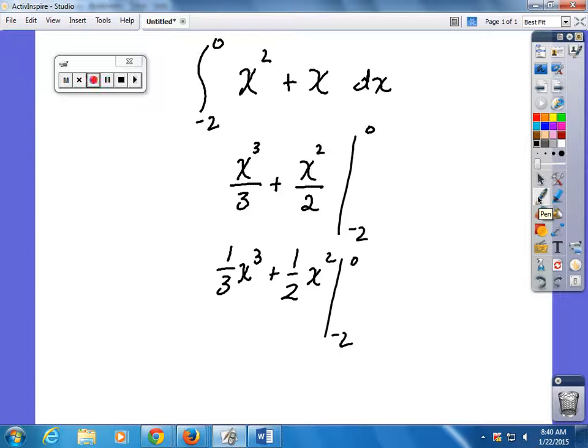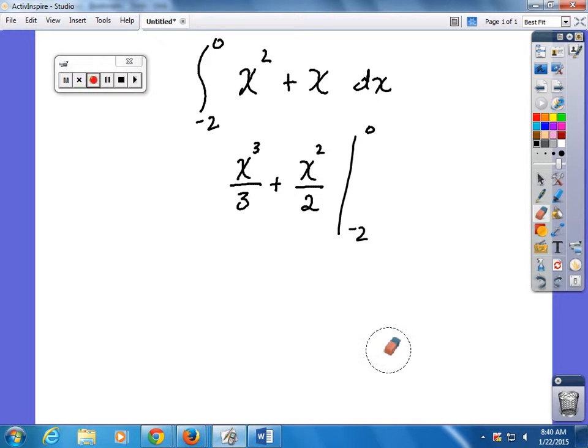Now I'm going to erase this right here because you don't have to do it both ways. This is the way I show students to do it, so if you do it a different way, that's okay. This is pretty much the most basic way to do it.